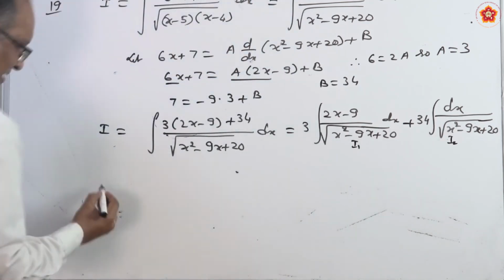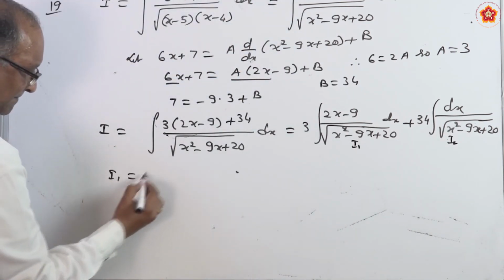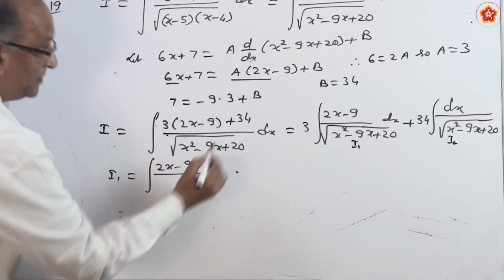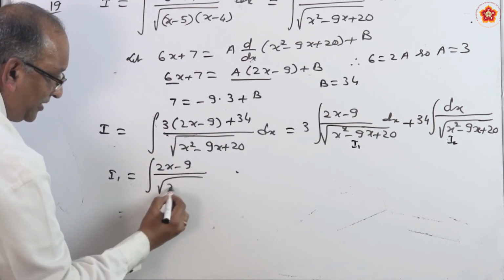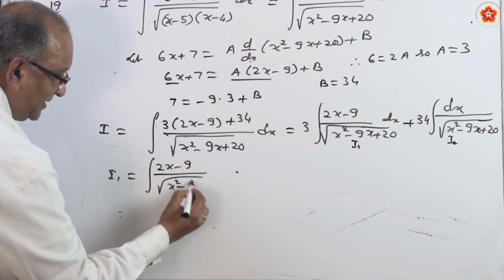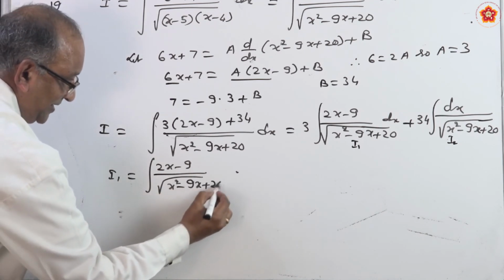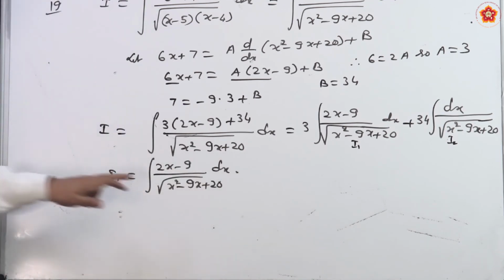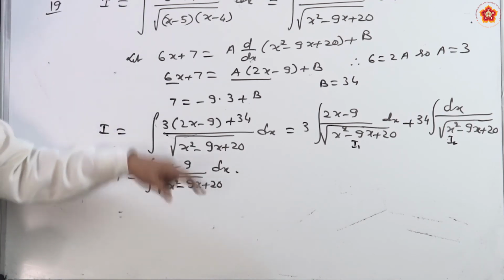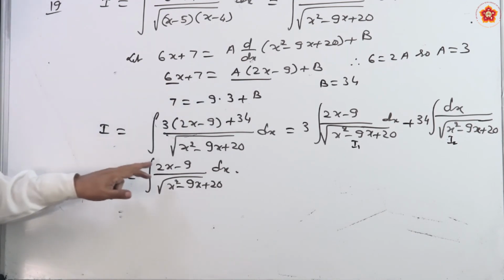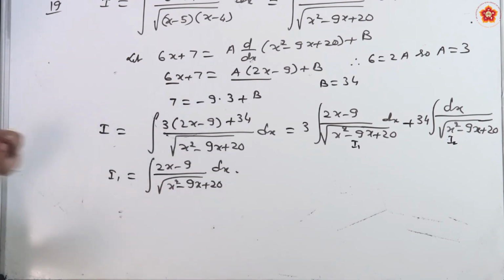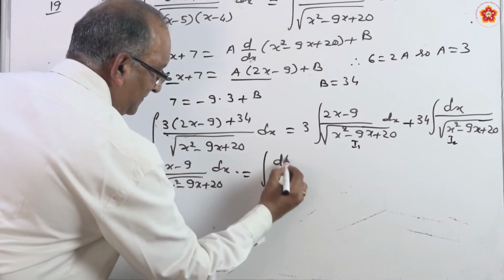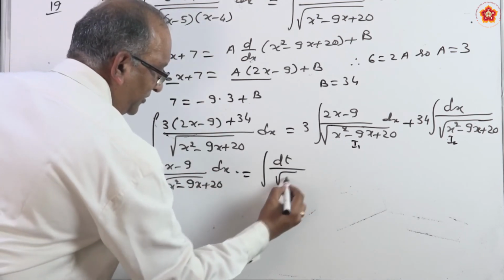So I1 is equal to the integral of 2x minus 9 by under root of x square minus 9x plus 20. This is our integral. If I assume x square minus 9x plus 20 as t, what am I going to get? I am going to get 2x minus 9 dx, which is dt. So it will become dt by under root of t.